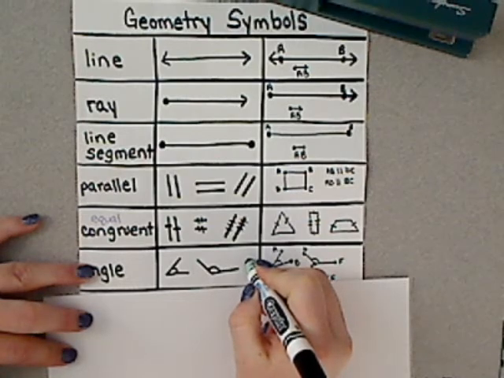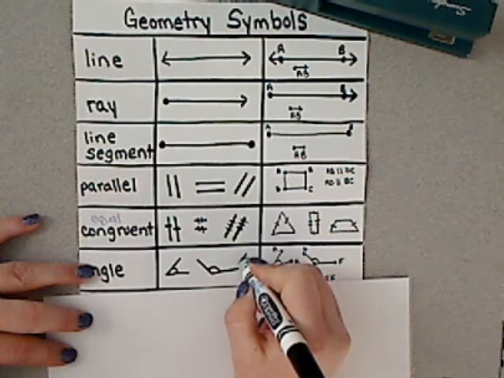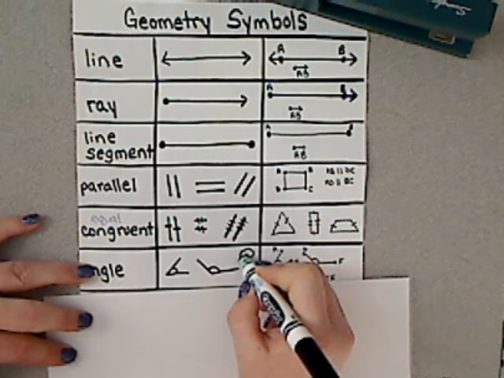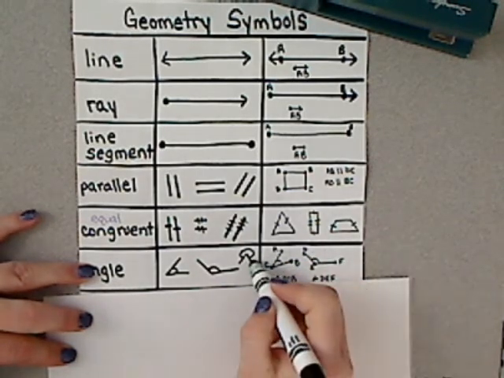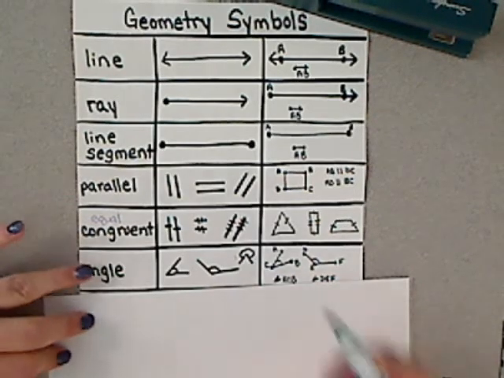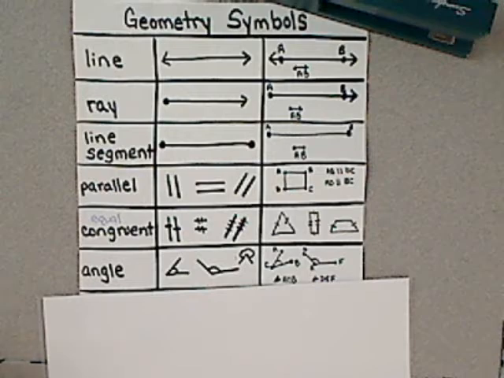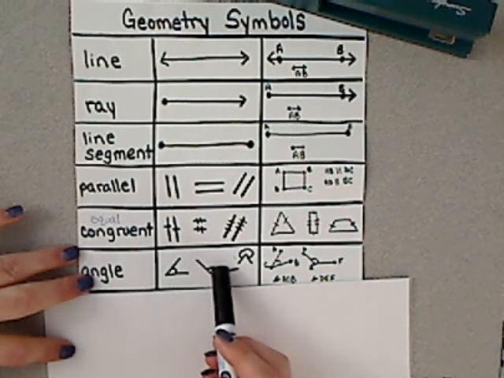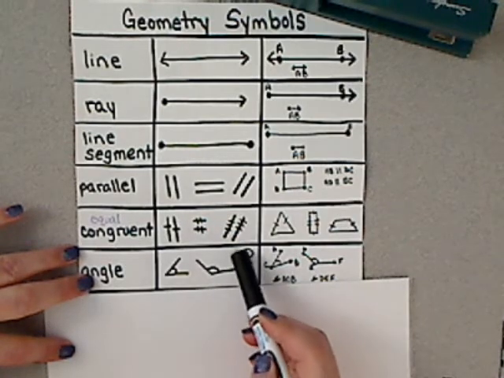If you have an angle that looks like this, the angle can go this direction. This just means that this angle is opening up this direction. Okay? So you always know what direction the angle is opening based on where this little partial circle is.